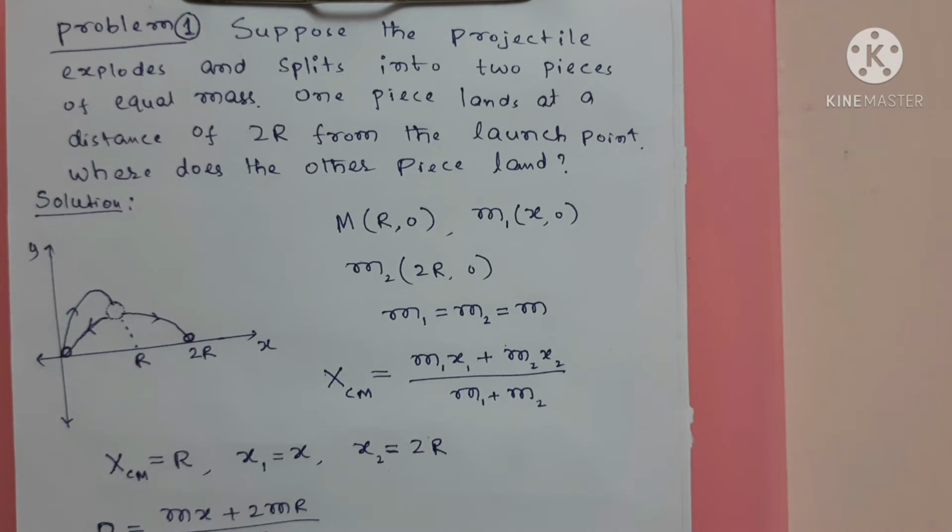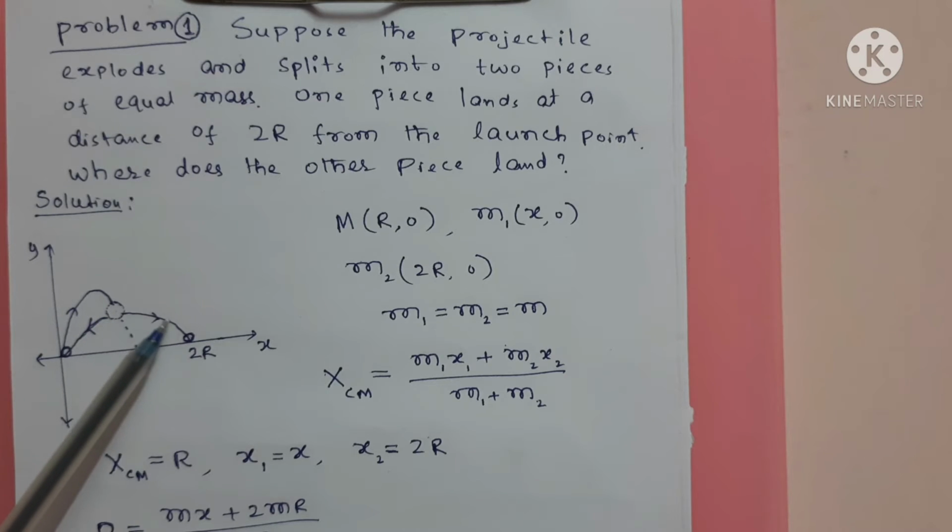Solution is like this. First I will describe the figure. This is x-axis, this is y-axis. You see here, this is a projectile projected like this. It's supposed to go like this. But here it has exploded into two equal pieces, means two pieces have the same mass.